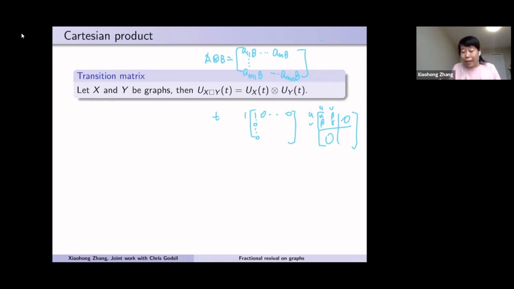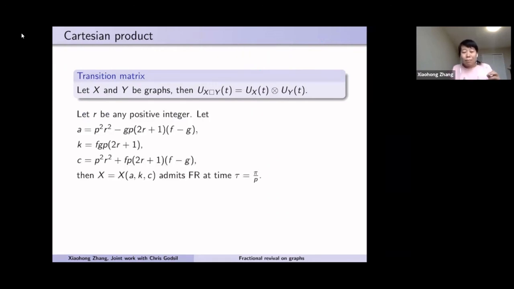Now the trick is to find a time such that Y is periodic at vertex U or V at some time t, and at the same time there is an FR involving vertex 1 in graph X. We can make use of those graphs by picking some special parameters.